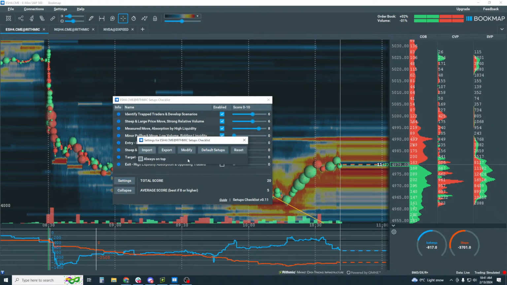And then let's add it back in here. Import. And I'll go to my file.